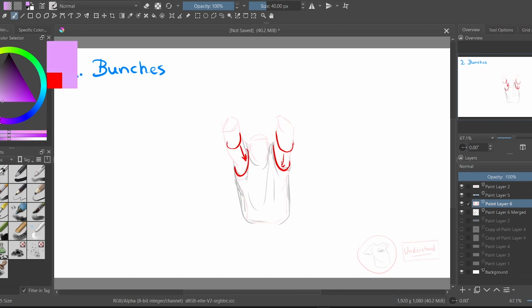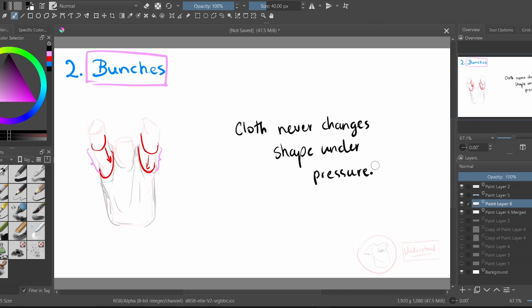Obviously, when that happens, the next question to ask is, okay, there was so much cloth in this space here. What happened to it? And that's where we get to the concept of bunches. So remember how I said cloth always holds its shape? Well, an extension of that is that cloth will never change its shape when you apply pressure onto it. So what actually happens when you do apply pressure onto cloth?